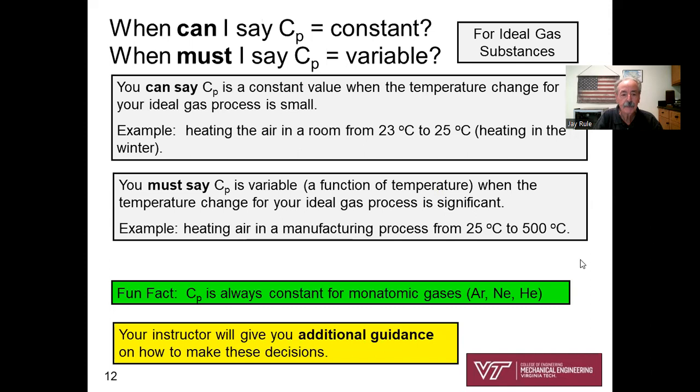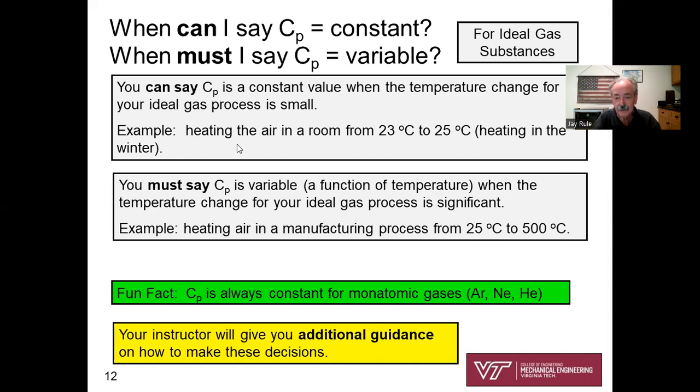Logicals. When can I say that CP is a constant? When must I say CP is a variable? I've got two examples to illustrate that. You can say CP is a constant value when the temperature change for your ideal gas is small. For example, let's say I'm in the wintertime, the room temperature is 23, but I want it to be 25.